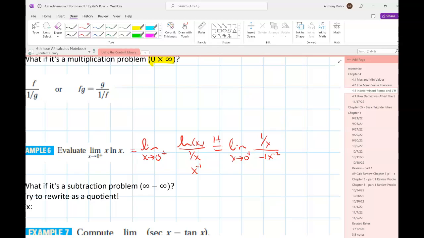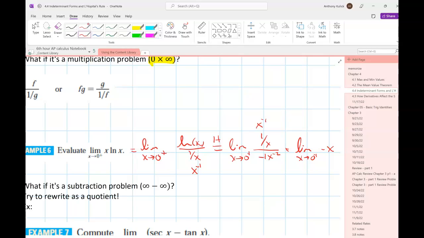The derivative of x to the negative 1 is going to be negative 1 times x to the negative 2. So again, if I think about that as negative x, I can combine my like terms. So it just turns into negative x. Right?